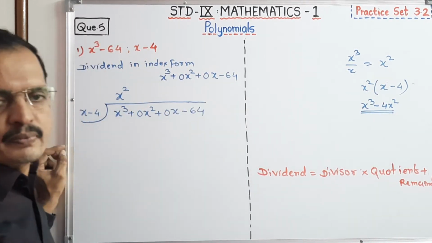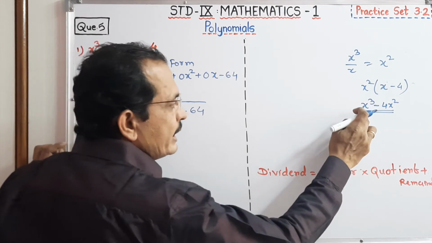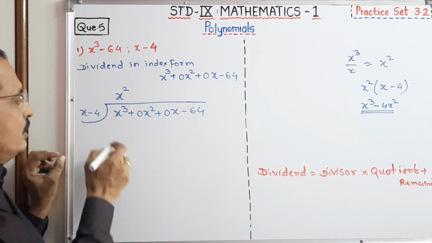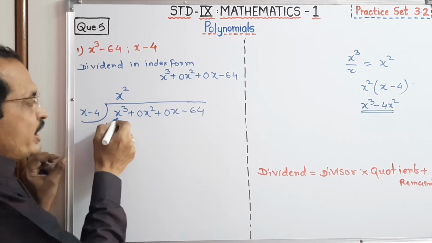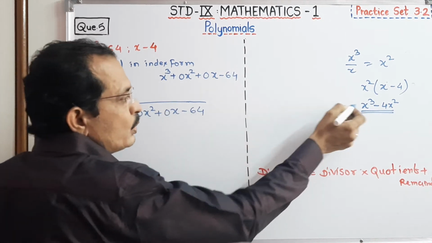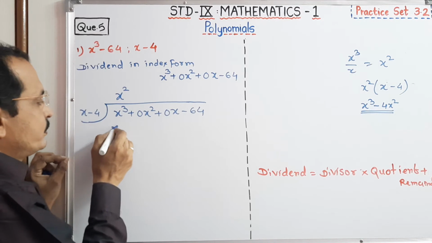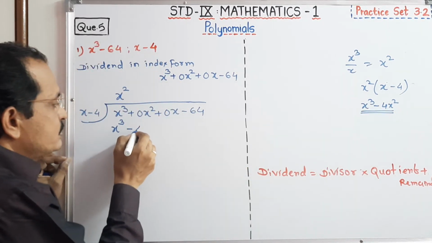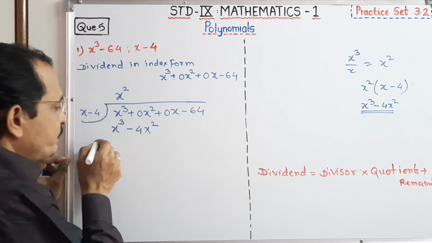Understand this? Any doubt? Now this x cube minus 4x square we have to write, where the term x cube is there, below that we have to write x cube, and minus 4x square.